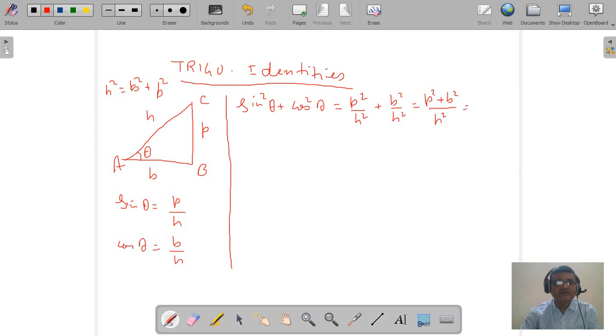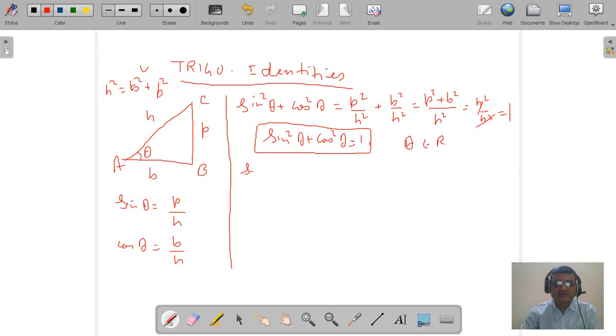As you know that P square plus B square is equal to H square, so H square gets cancelled. So sine square theta plus cos square theta is equal to 1 for all the values of theta which can take all real numbers. So this is the one identity which you have to remember while solving the questions.